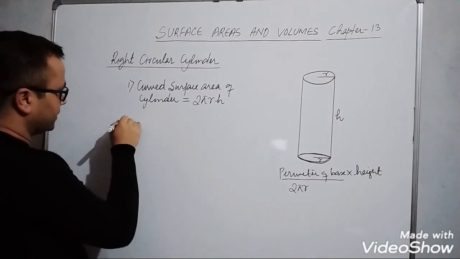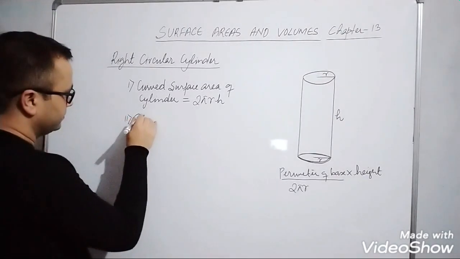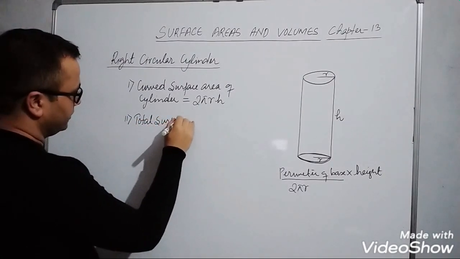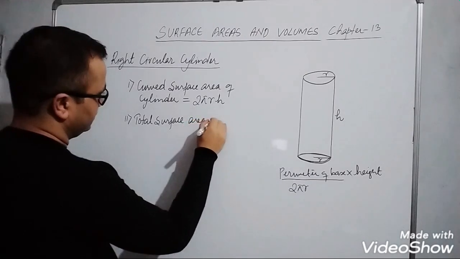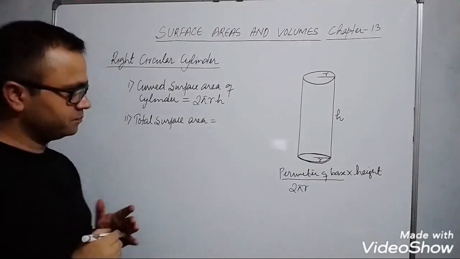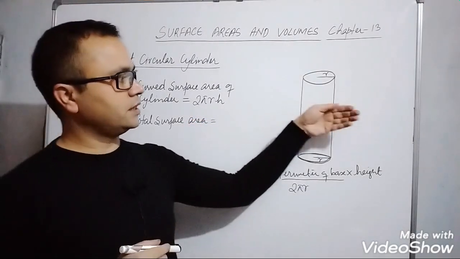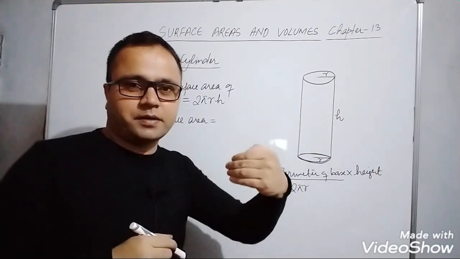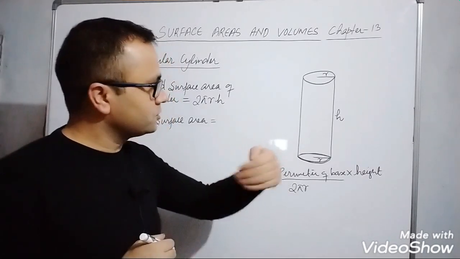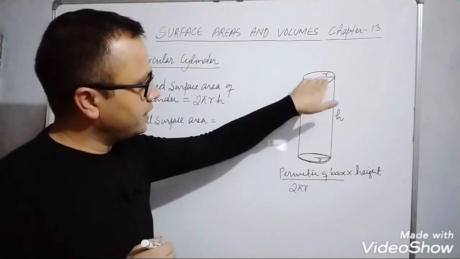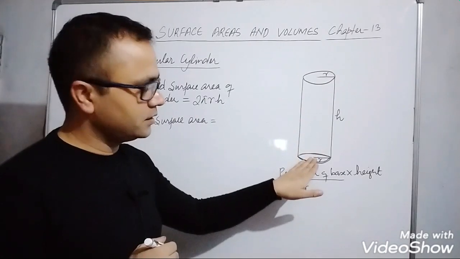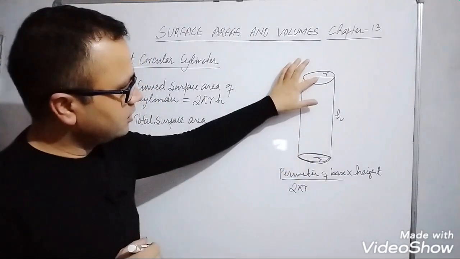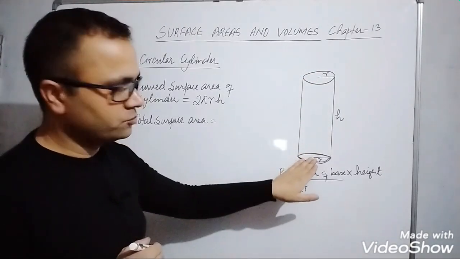Then number 2 is the total surface area. Total surface area is the curved surface area, meaning the area of the curved part, plus the area of the upper end plus the area of the lower base.